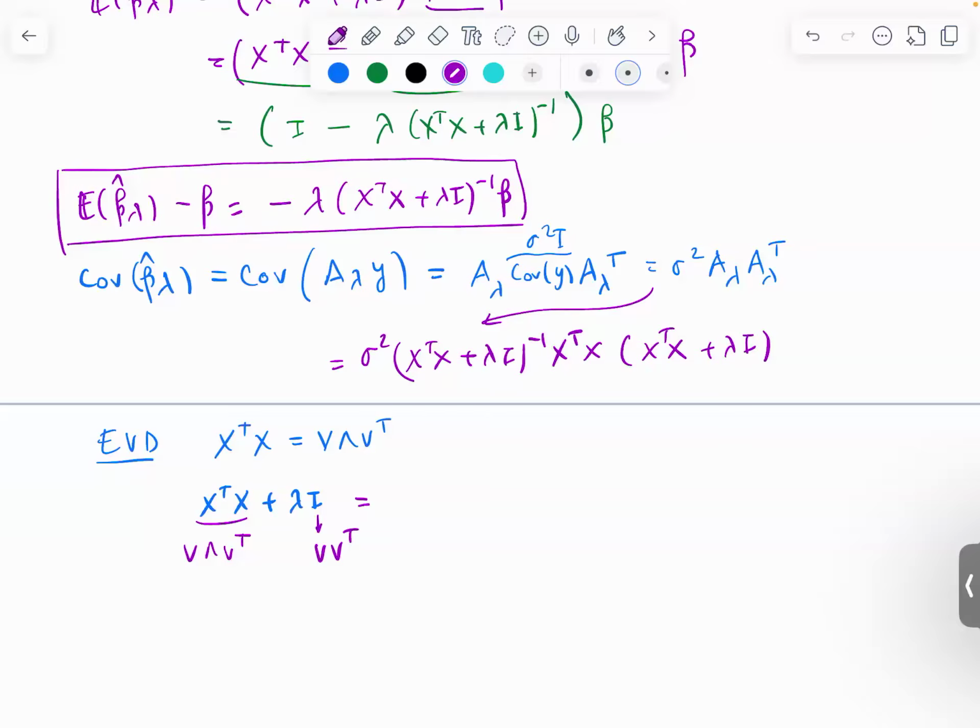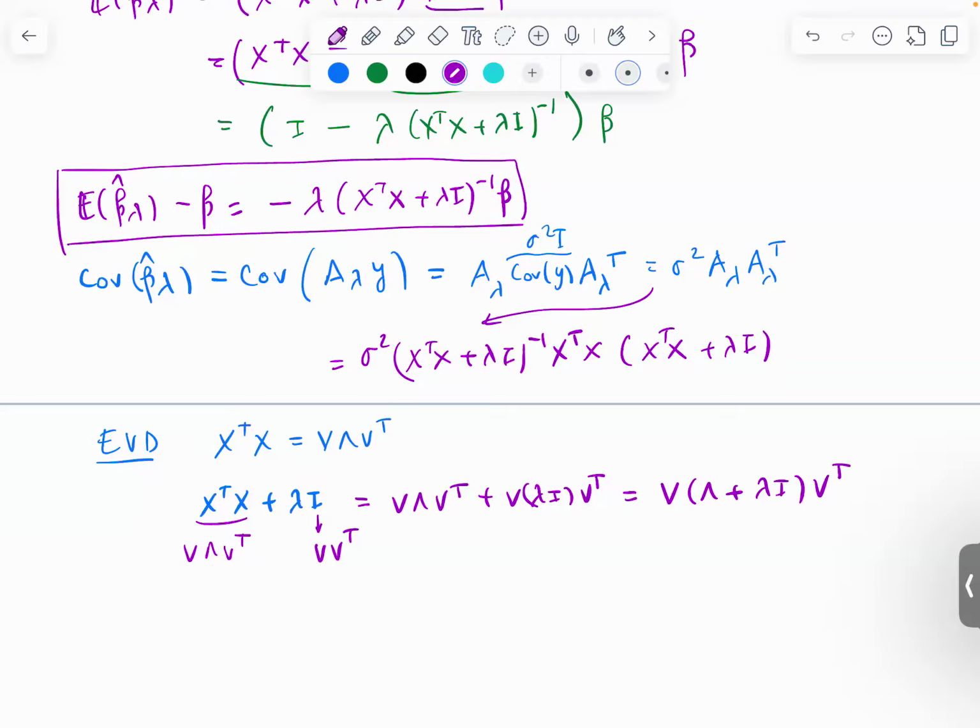Let's see if you agree. I can write it like this: V lambda V transpose plus V lambda I V transpose. So this is good. Now I can factor out V and V transpose from both sides. Let me write it down and then see if you agree.